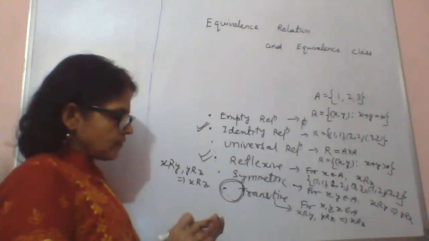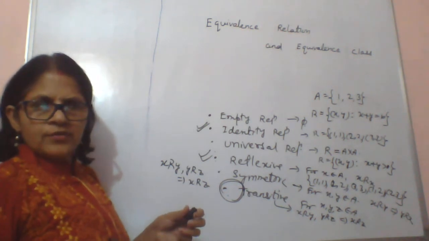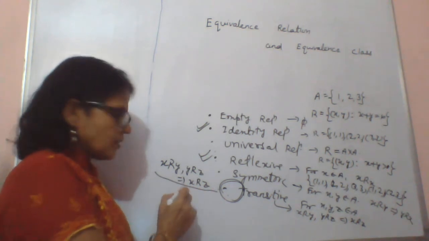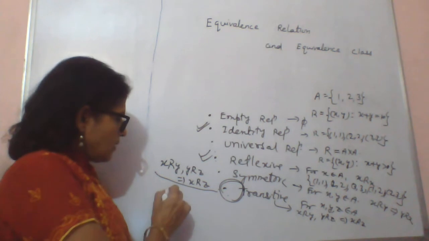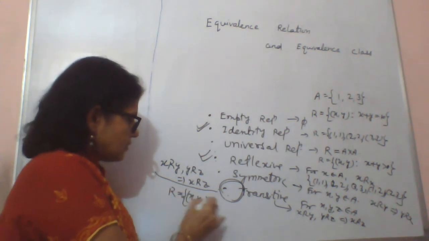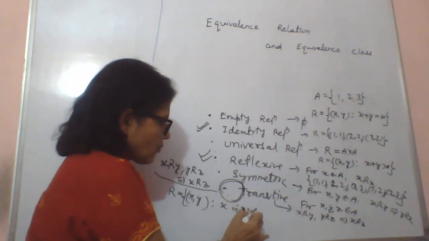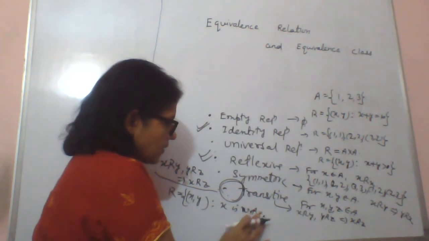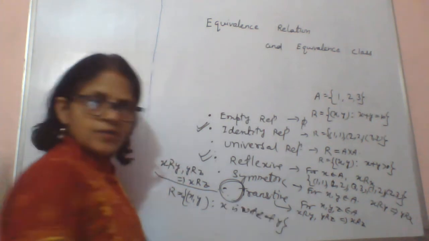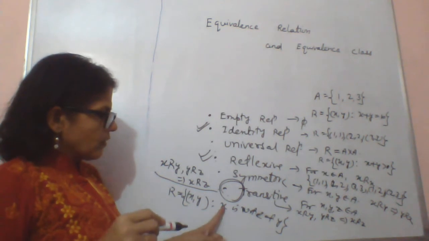For example, one of the questions in your NCERT book: the relation is on the set of human beings, R is the set of (x, y) such that x is wife of y.